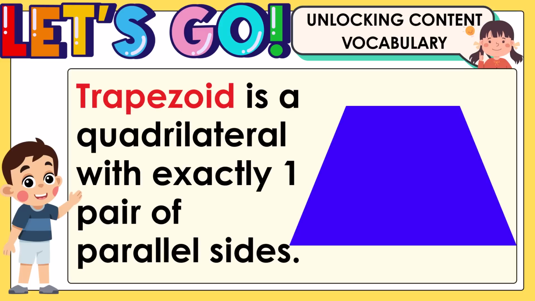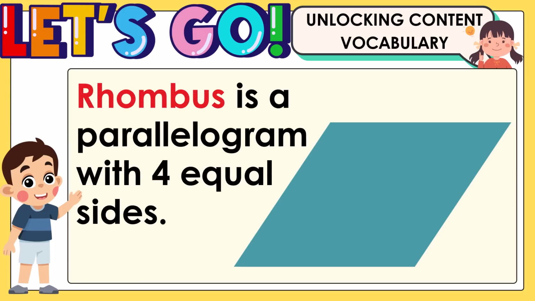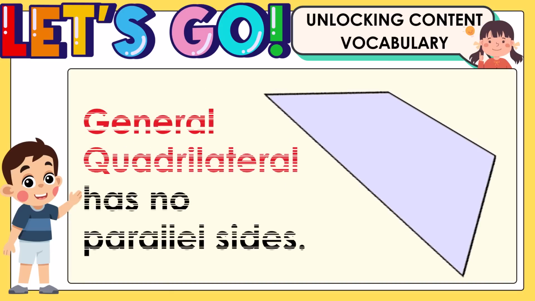Trapezoid is a quadrilateral with exactly 1 pair of parallel sides. Rhombus is a parallelogram with 4 equal sides. General quadrilateral has no parallel sides.